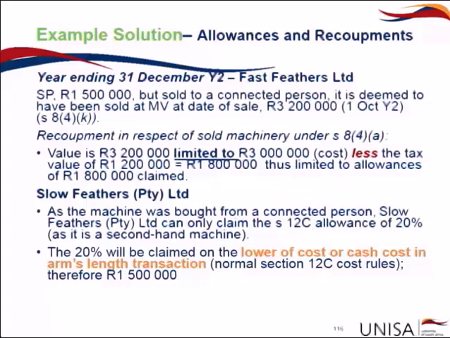Therefore, we will use the 1.5 million as the cost on which Slow Feathers can claim the allowance. Even though Fast Feathers, the holding company, was in essence taxed on this disposal at 3 million being the market value on the date that the sale was incurred.